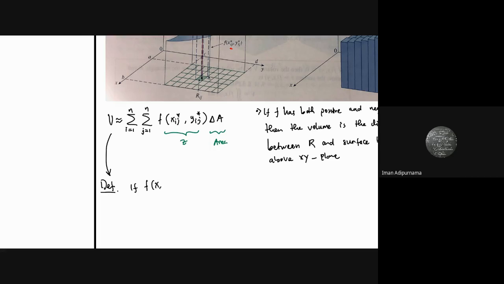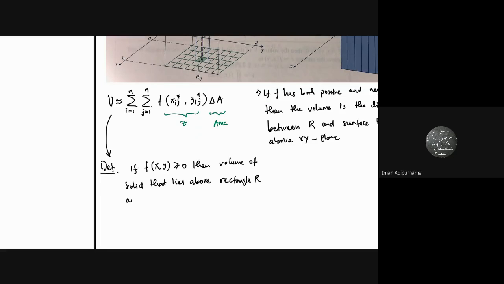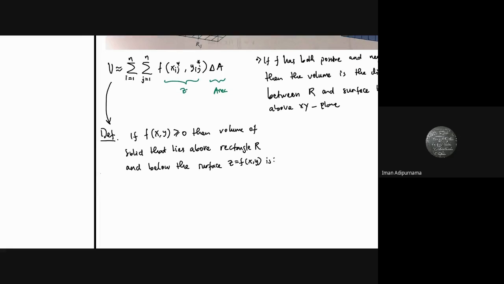If the function z is positive, then the volume of the solid that lies above the rectangle R and below the surface Z is given by the same limit definition as in calculus 1.